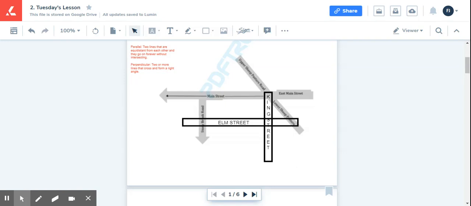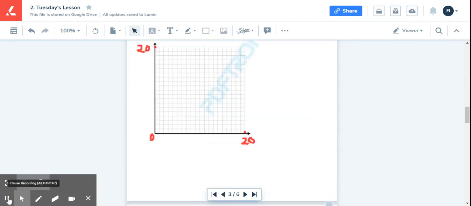Now I'm going to pull up a picture of something that we're going to be working with. This is a coordinate plane. I'm going to show you that it is actually made up of two separate number lines. We have the vertical number line that in this case goes from 0 to 20.